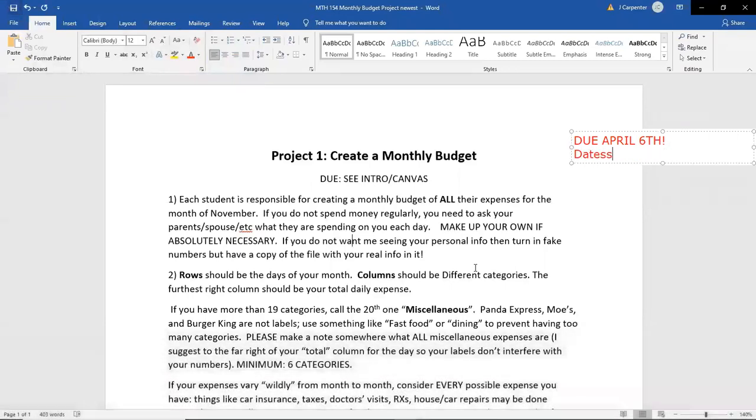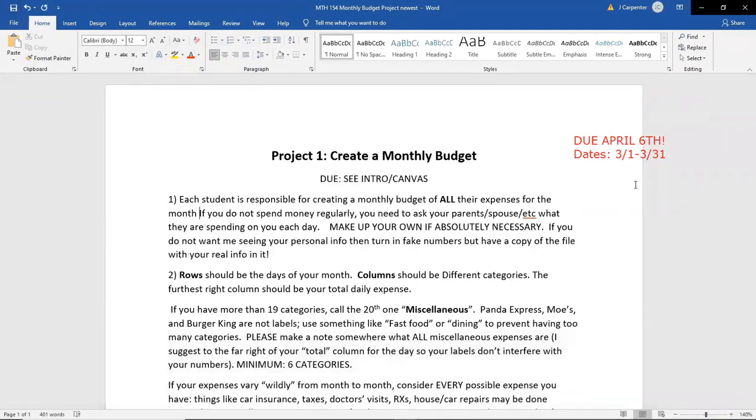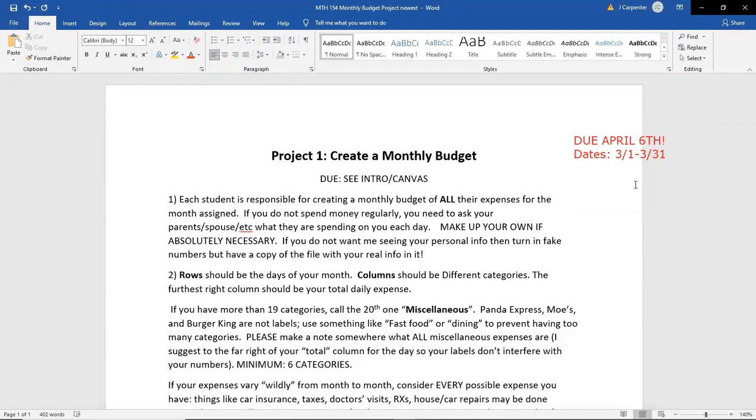Each student is responsible for creating a monthly budget of all of their expenses for the month assigned. Now, it does not have to be a specific month. You notice that I had November written there. So once in the past, it was the month of November.